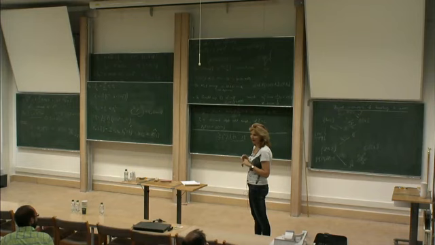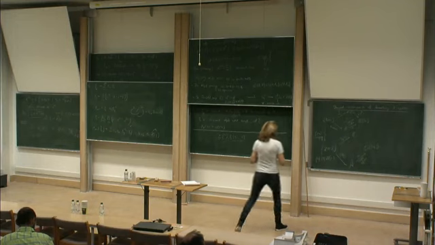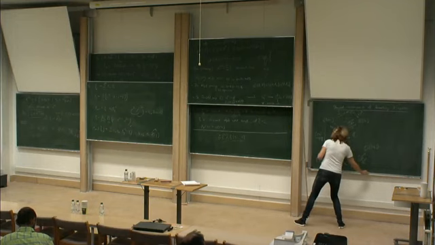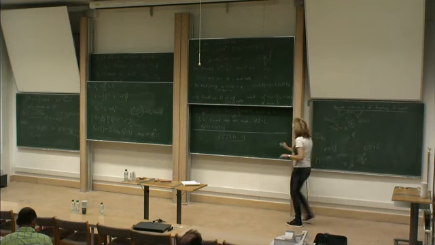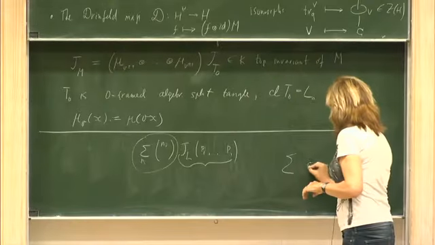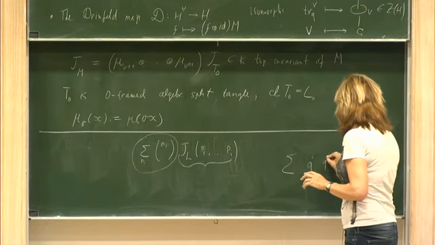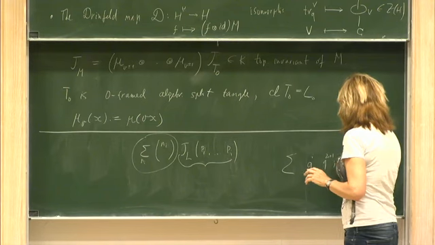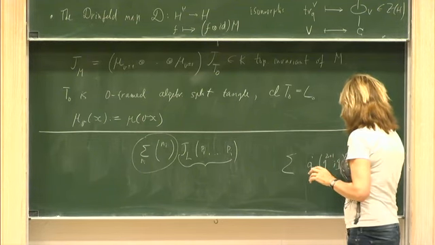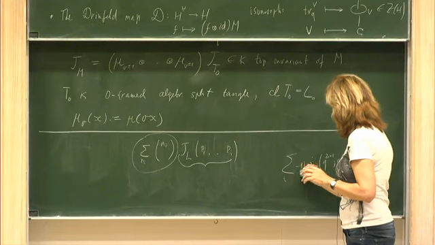I think you can do this, for example, if you start with surgery on the trefoil. For the trefoil, you will get something which looks basically like just a power of q, something like this, and here you will have q to the power 2i plus 1, probably, and here plus or minus.